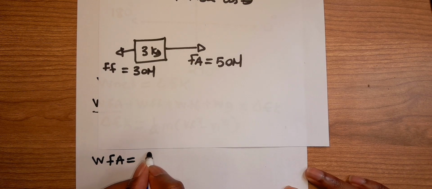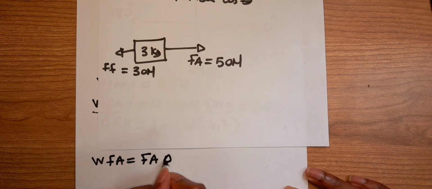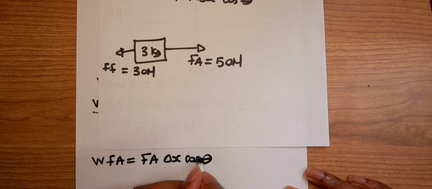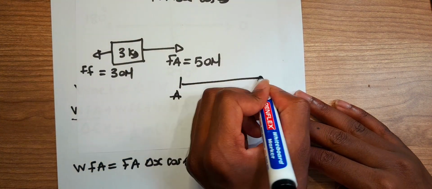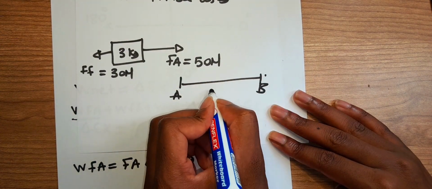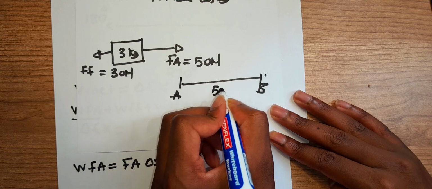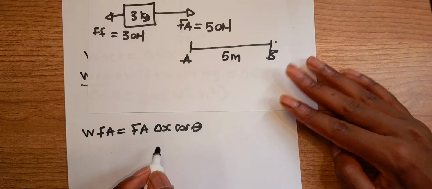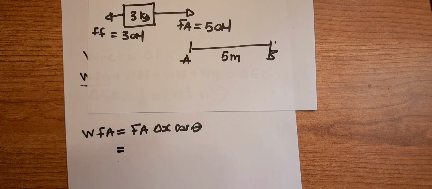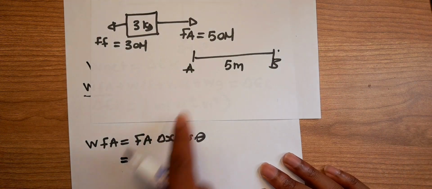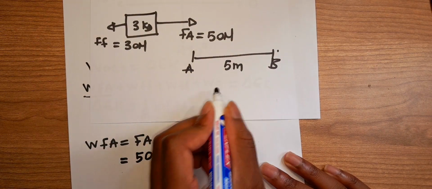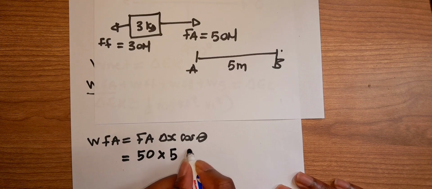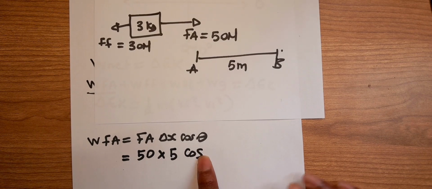It is going to be force applied times change in x times the cos of theta. Let's say this block moved from point A to point B, traveling a distance of 5 meters. So the work done by the force applied is the force applied, which is 50 newtons, multiplied by the displacement, that is 5, times the cos of theta.